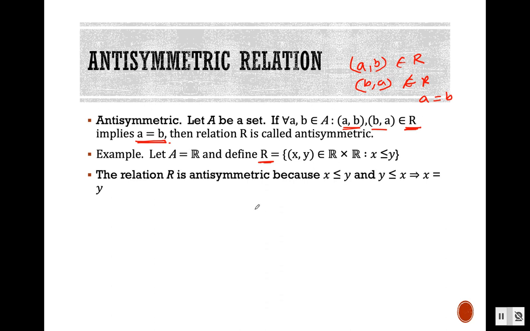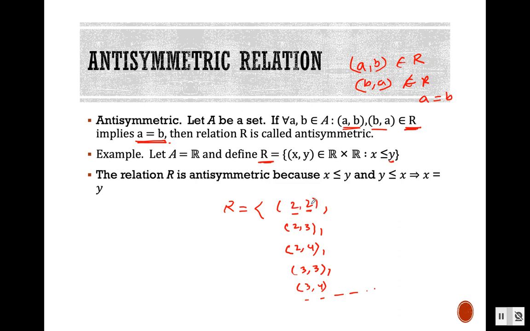So let's see some members of R. Since x is less than or equal to y, there will be (2, 2), (2, 3), (2, 4), (3, 3), (3, 4), like that, because the first element has to be less than or equal to the second element.